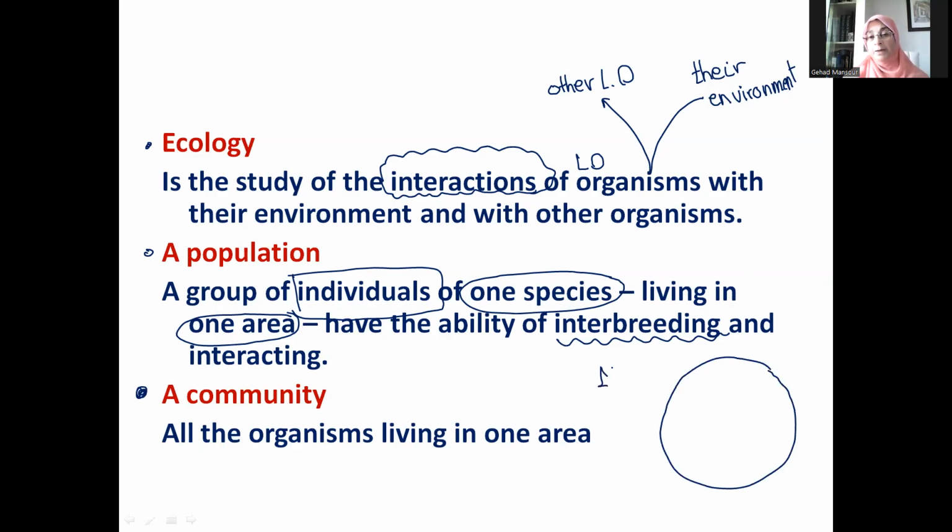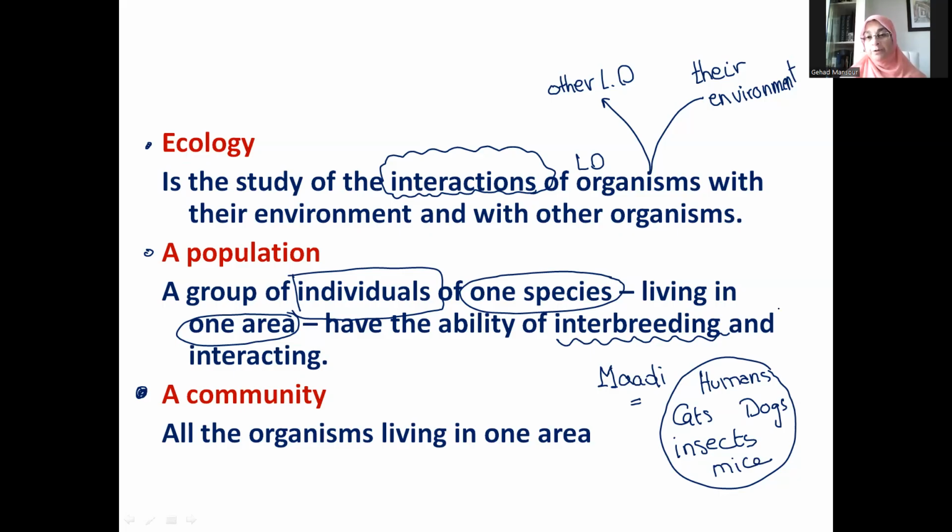For example, if this surface area represents Maadi, where I live, and we consider humans, cats, dogs, maybe some insects like mosquitoes or houseflies, or some rodents like mice, or other living organisms, then all this represents a community.